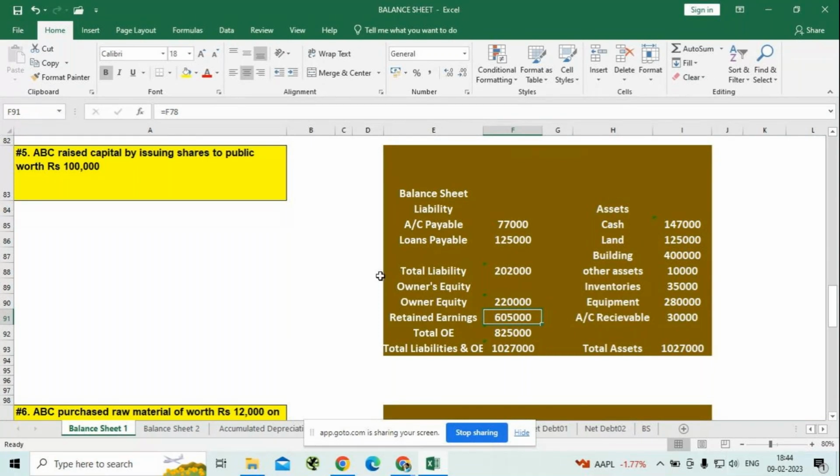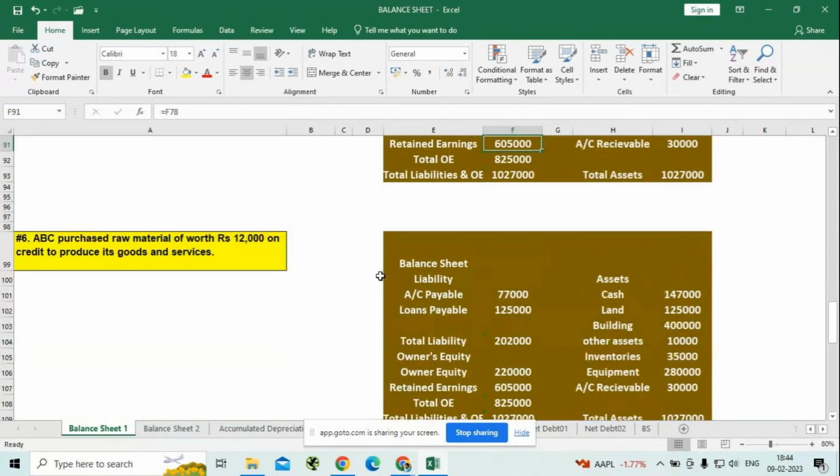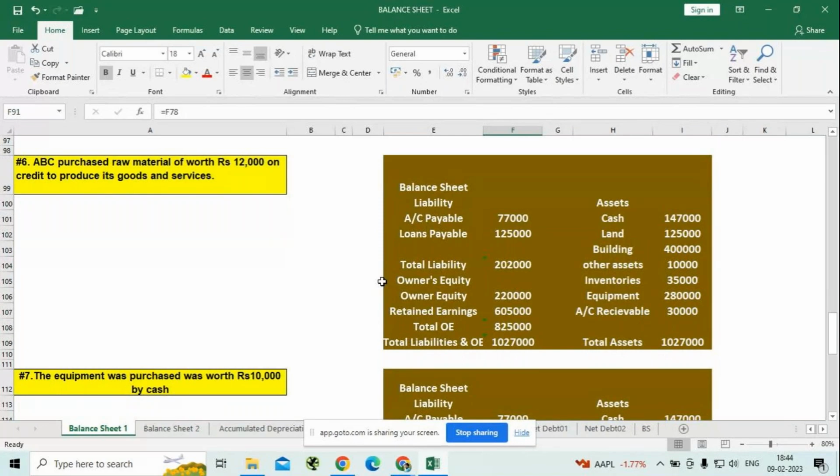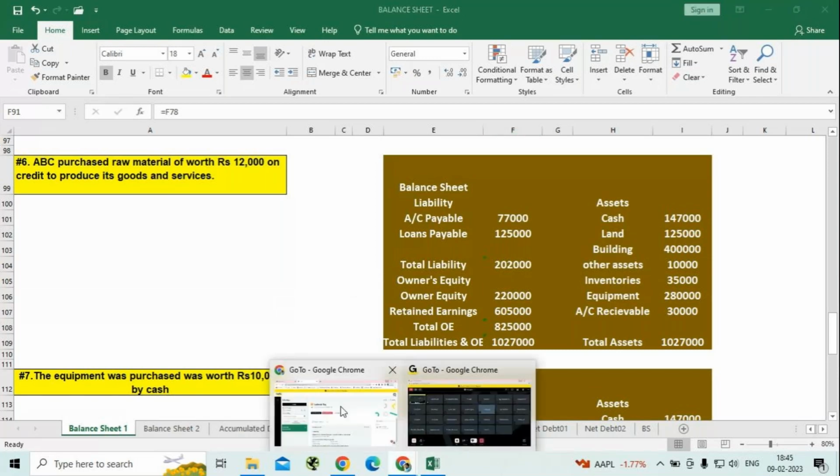Okay. So now try with this. ABC purchased raw material worth rupees 12,000 on credit to produce its goods or services. So try with this.